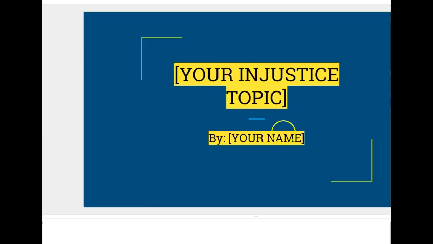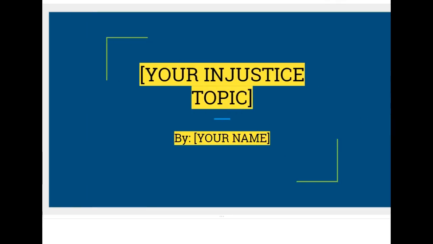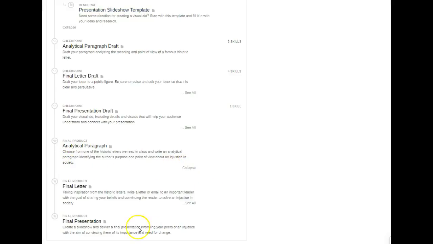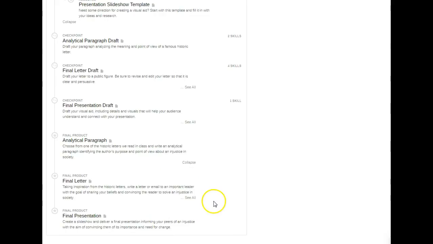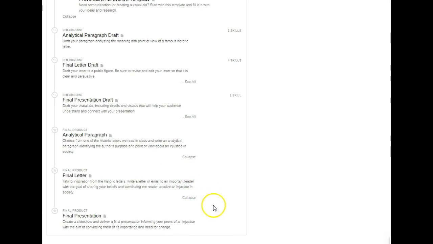There they have it right here so that you can do your slideshow for your final product. So again, in 7th grade, what you're producing is a paragraph after one of those letters that you read, a letter that you are writing about a topic that you choose, and then a slideshow about your letter and what you propose to do about something that you feel needs corrected in our society.